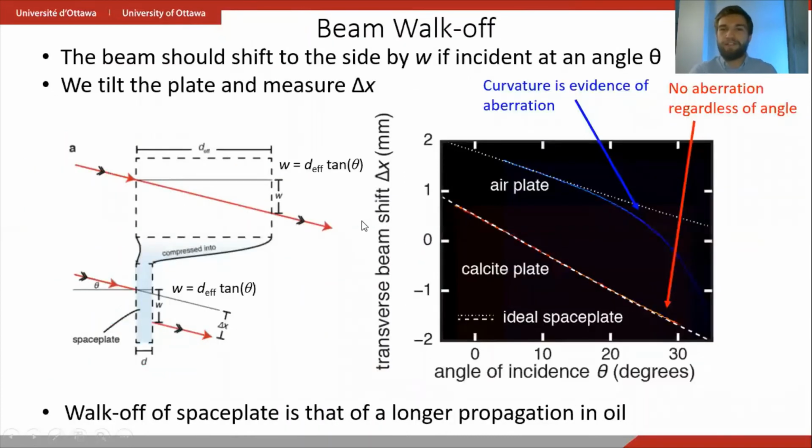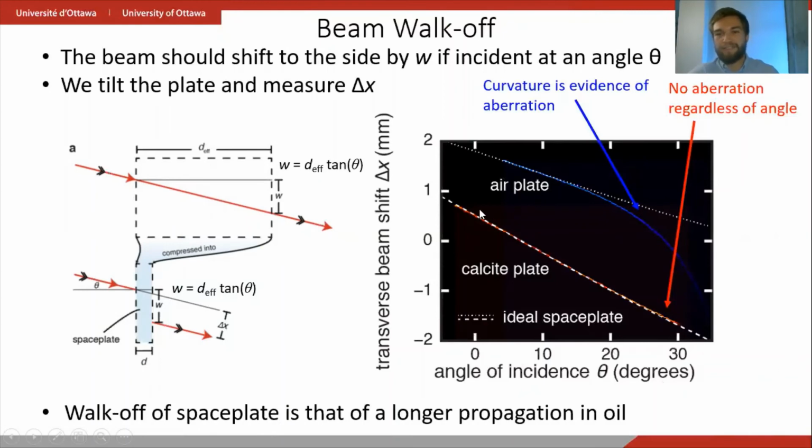Now, if we want to compare the aberrations caused by both of these spaceplates, we can look at walk-off, which is related to our value W, which I mentioned earlier. Now, we see that the beam will shift in the transverse direction as a function of incident angle, and the ideal cases are shown with these dotted and dashed lines. So for the low-index spaceplate, we observe significant deviation from the ideal case as it approaches the critical angle, 42 degrees.